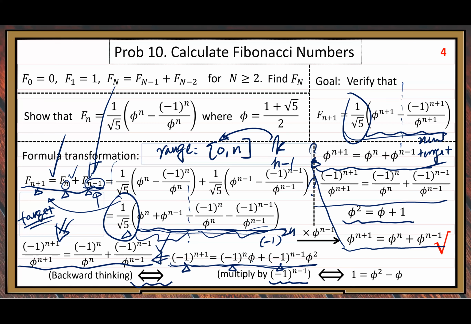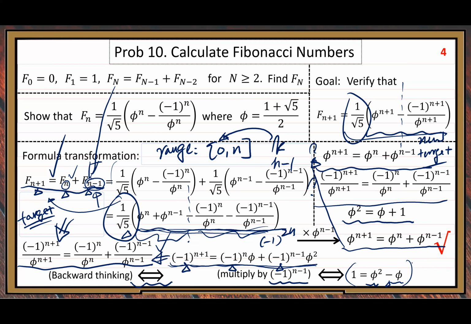For this term the exponent is even, so you get a positive coefficient, phi squared. For this term the exponent is odd, so you get this -1. So you end up with this one.